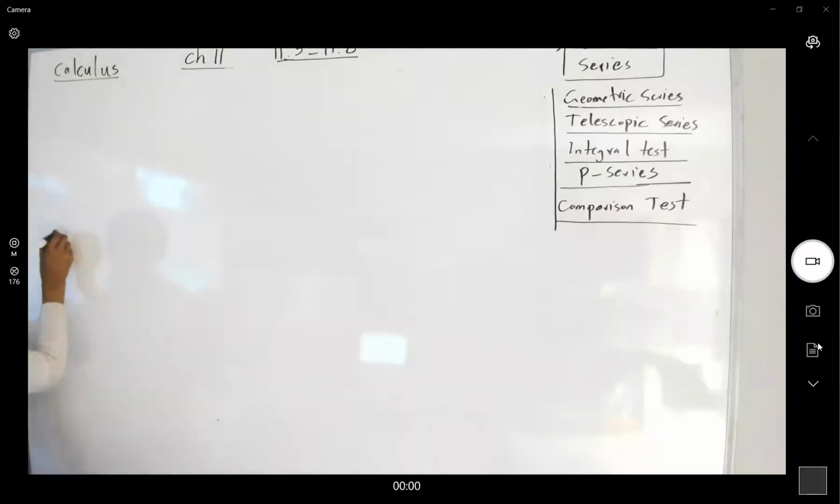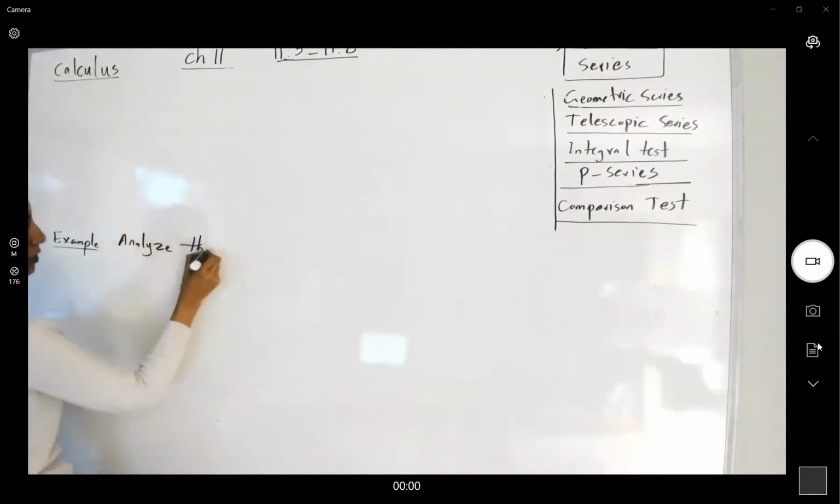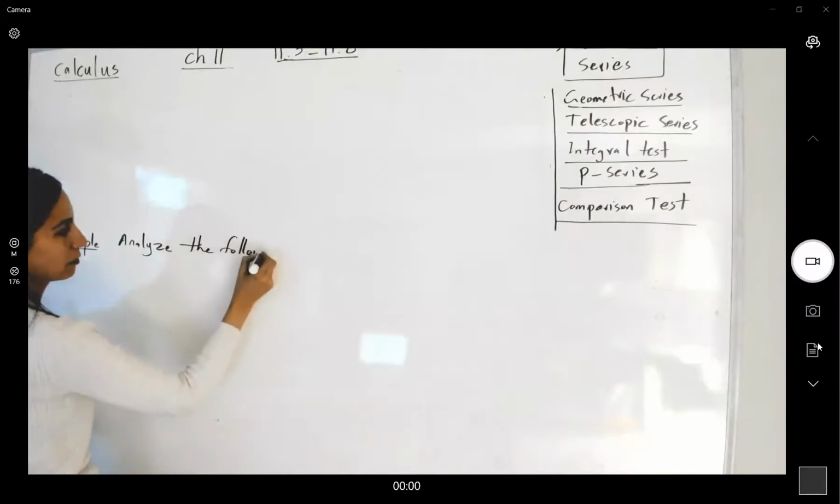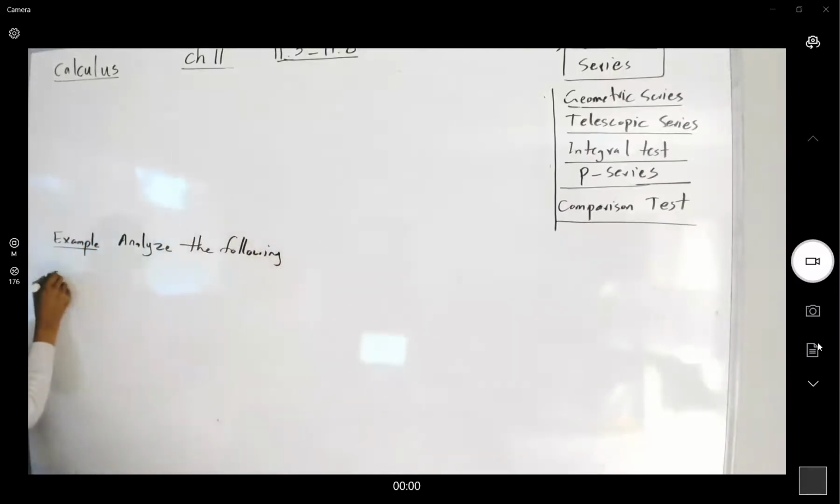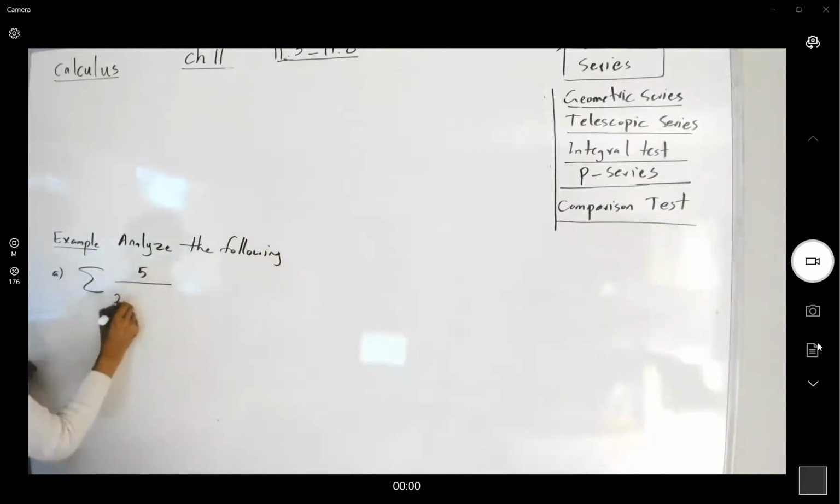Suppose I asked you to analyze these series. I have A, the sum of 5 divided by 2n squared plus 4n plus 3.